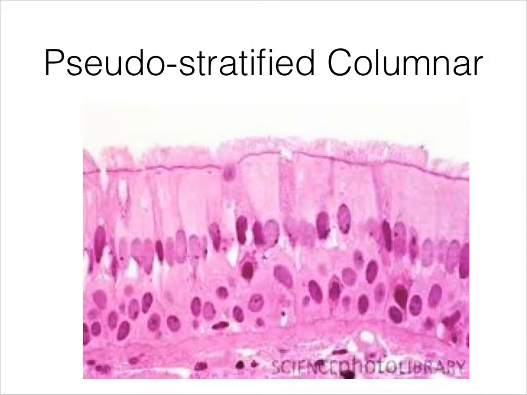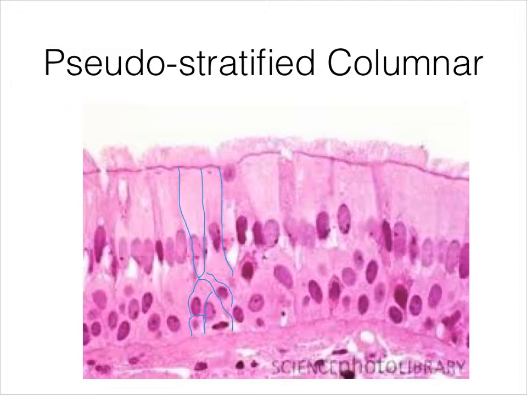You have to pay attention to the shape of the cells and look at, are we getting cells that are going all the way down in nice columns with a single row of nuclei in them? Or do you have sort of multiple rows of nuclei where you can't necessarily see all of the columns lined up in neat rows?